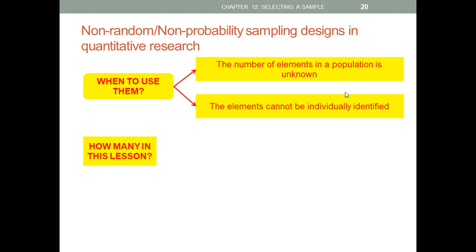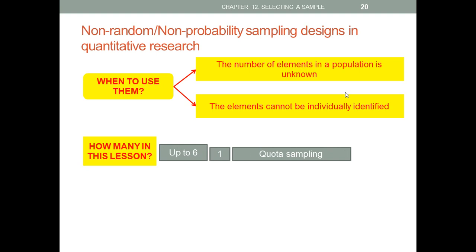The next question is, how many non-probability sampling designs are there? Ranjit Kumar has provided us with 6 non-probability sampling designs. The first one is quota sampling, and we shall go to the definition of quota sampling design and when it is appropriate in selecting a sample.